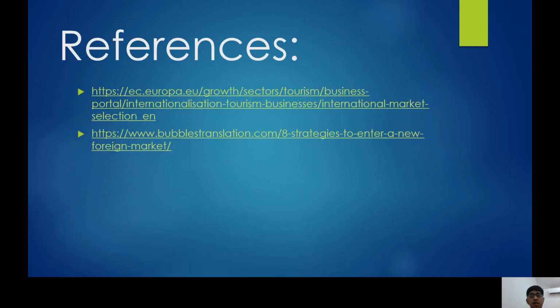So these are the different factors. These are the different things that we need to consider in choosing a market. And when we choose already a market, we need to determine how are we going to enter that market.